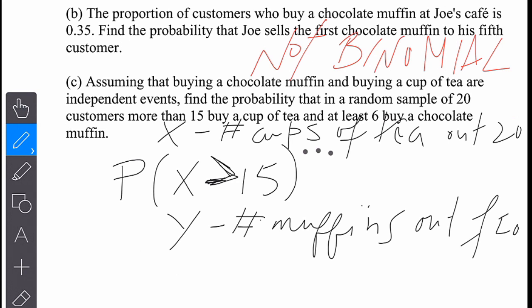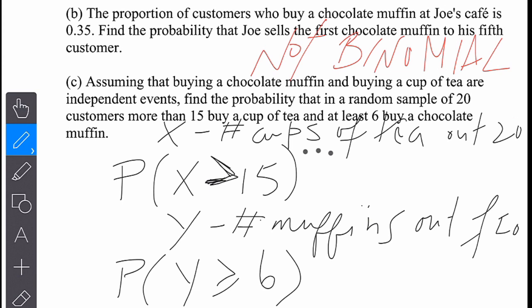So the number of people who buy a muffin out of 20. So the probability of Y at least 6, so 6 or more. And then I need to calculate those two and then multiply those together.